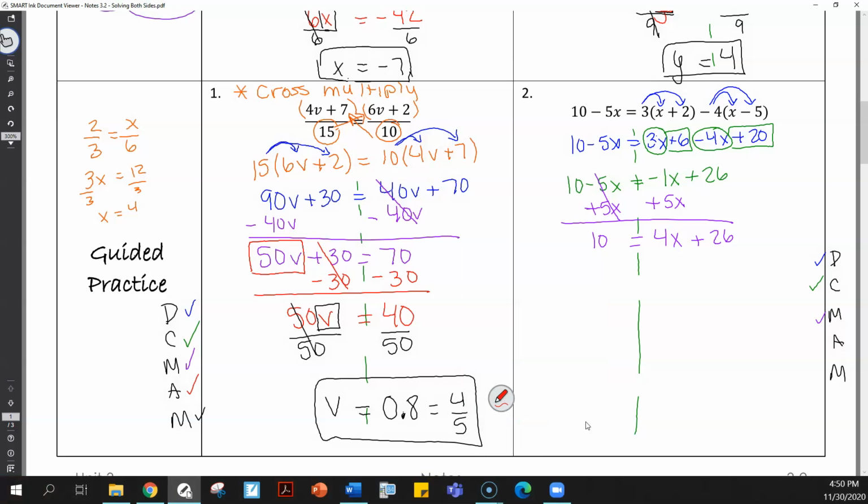I'm going to add or subtract to get my variable term alone. My variable term is 4x, so I'm going to subtract 26. 10 minus 26 is negative 16. Nothing happened to 4x, it's just going to come straight down. And then 26 minus 26 reduces to 0, and that goes away completely.